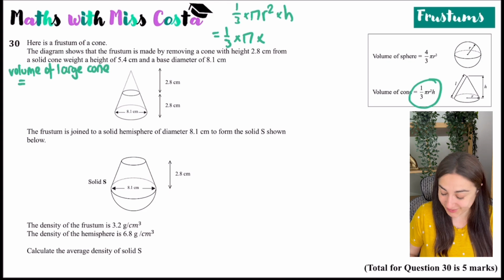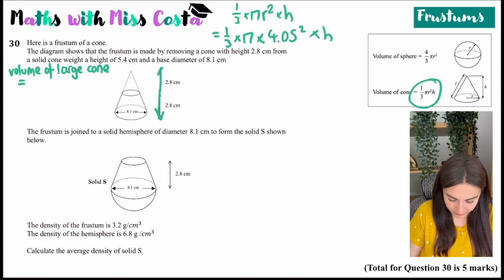See, this is where it's good to write out the formula. They want the radius, not the diameter. So 8.1 divided by 2 is 4.05. So 4.05 squared times the height, and the height is going to be all of this. So 2.8 plus 2.8 is 5.6.